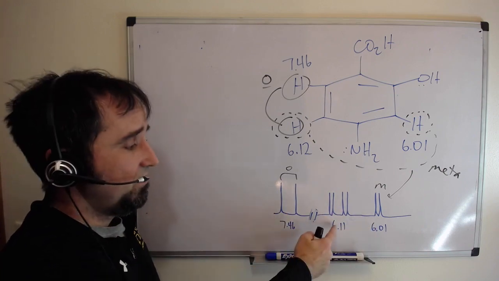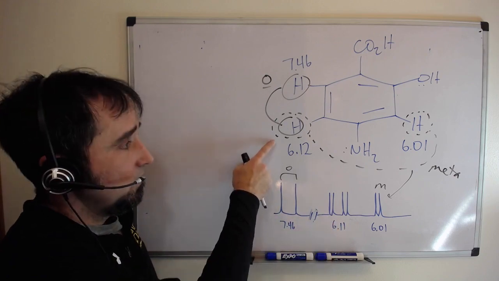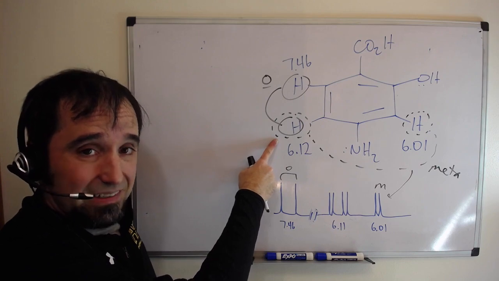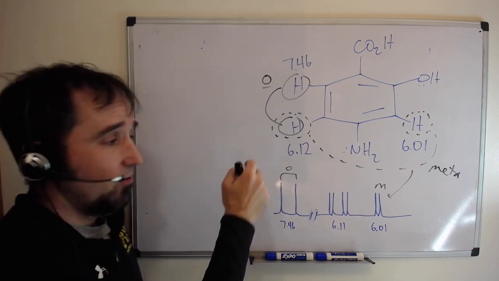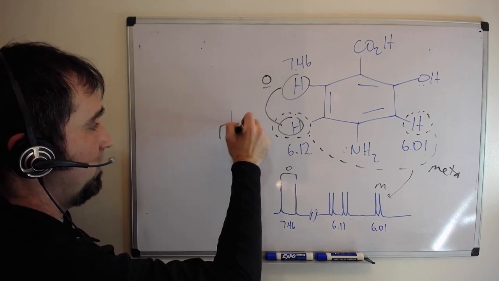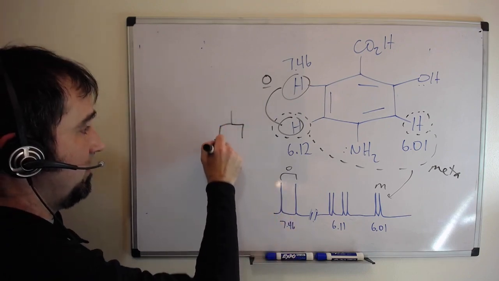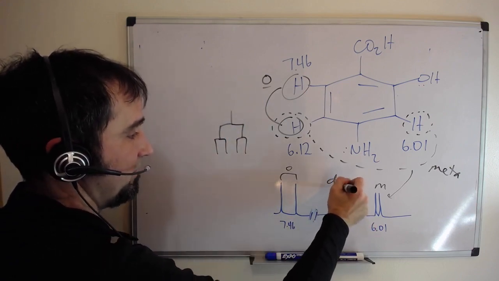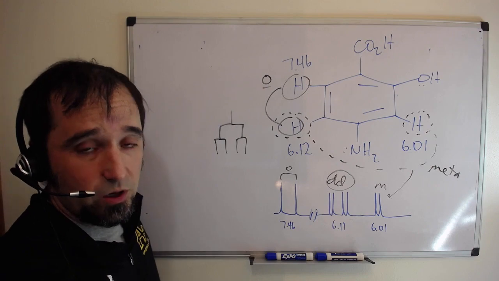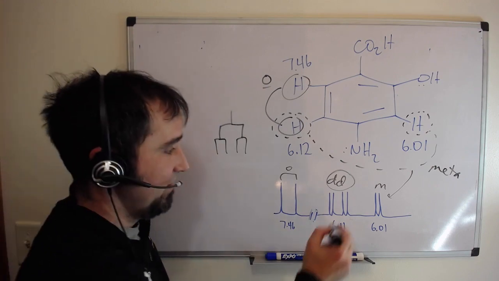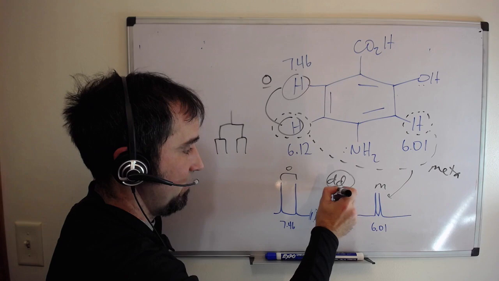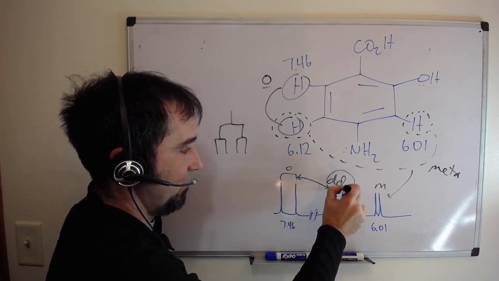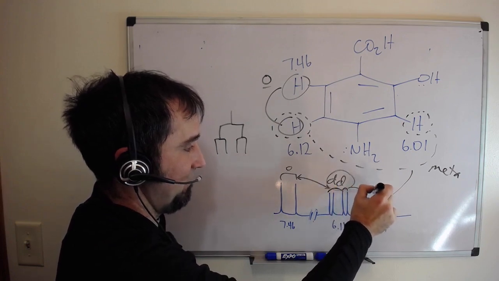Okay, so what's the deal here? Well, look, this hydrogen is split by two different protons by different amounts, right? So now my little diagram looks like one big coupling constant and one little coupling constant. So what I'm going to get is a doublet of doublets. We call it a dd, where this distance between 1 and 3 is the same distance as that, but this little distance is the same as this little distance.